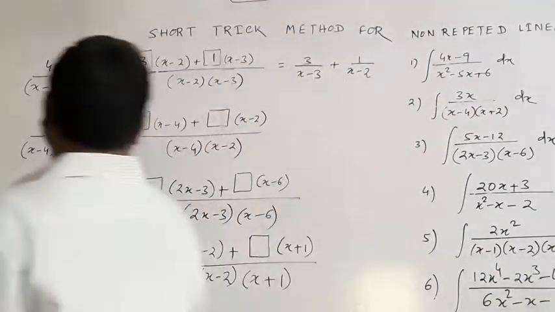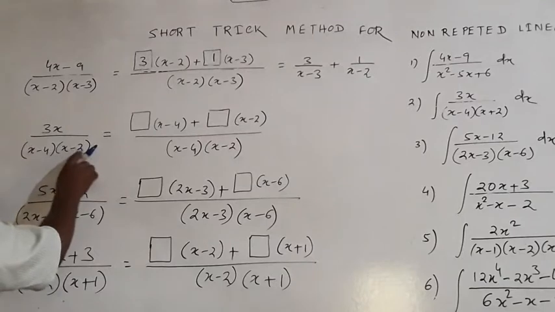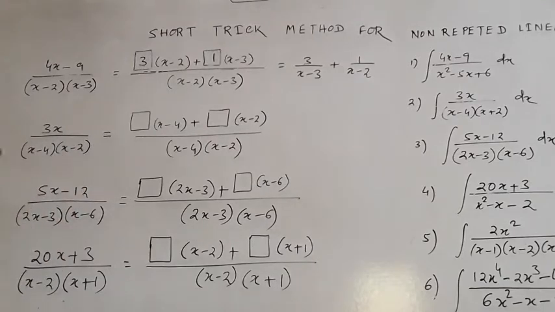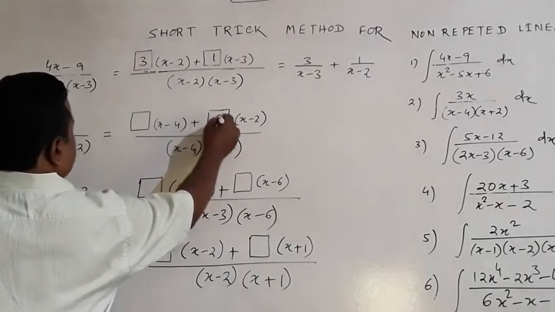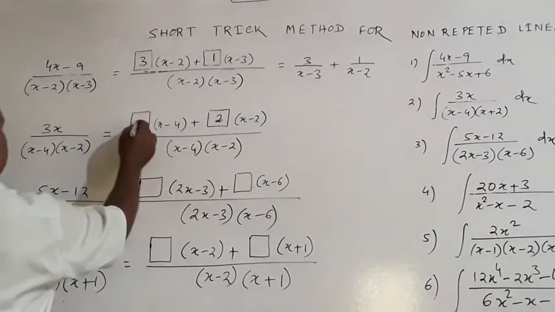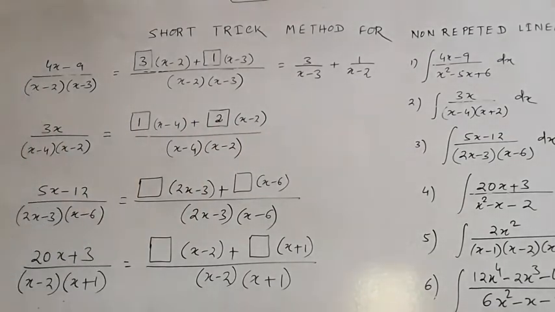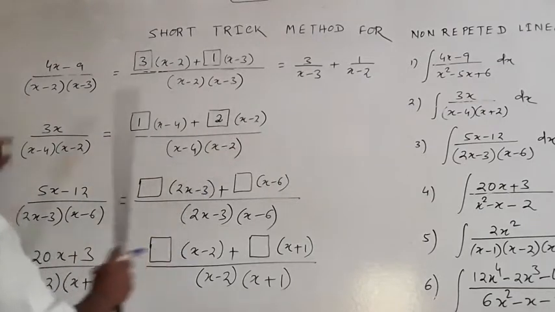Now look here. There is no constant. No constant means minus 4 and minus 2 cancel, and it is 3x. Mind it. Then what do you have to do? You put 2 here, it becomes minus 4. You put 1, it becomes 1x plus 2x, it is 3x.